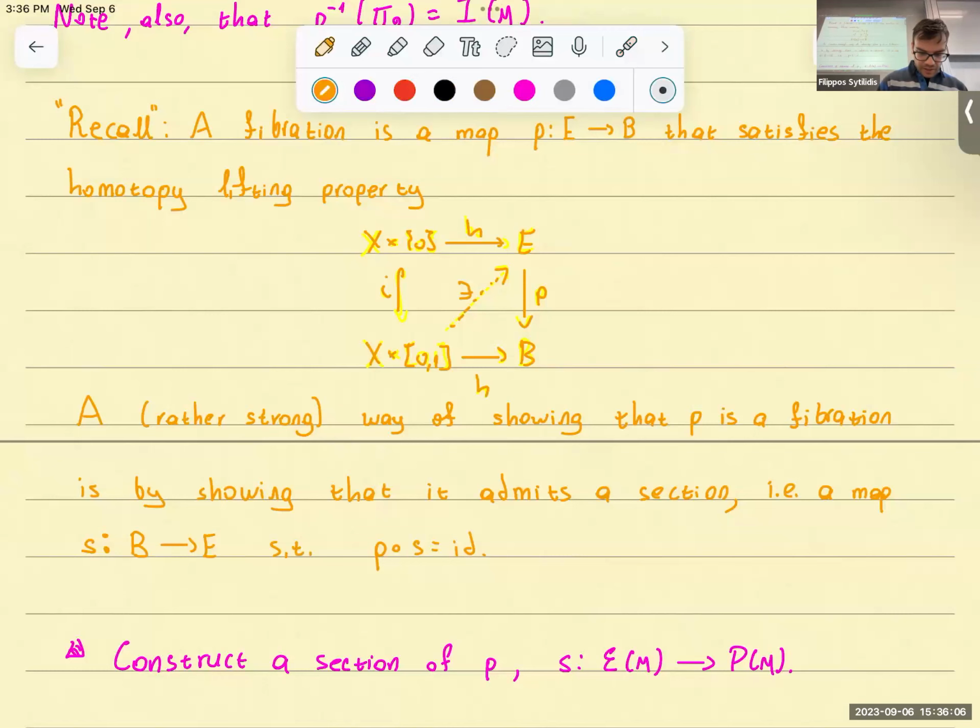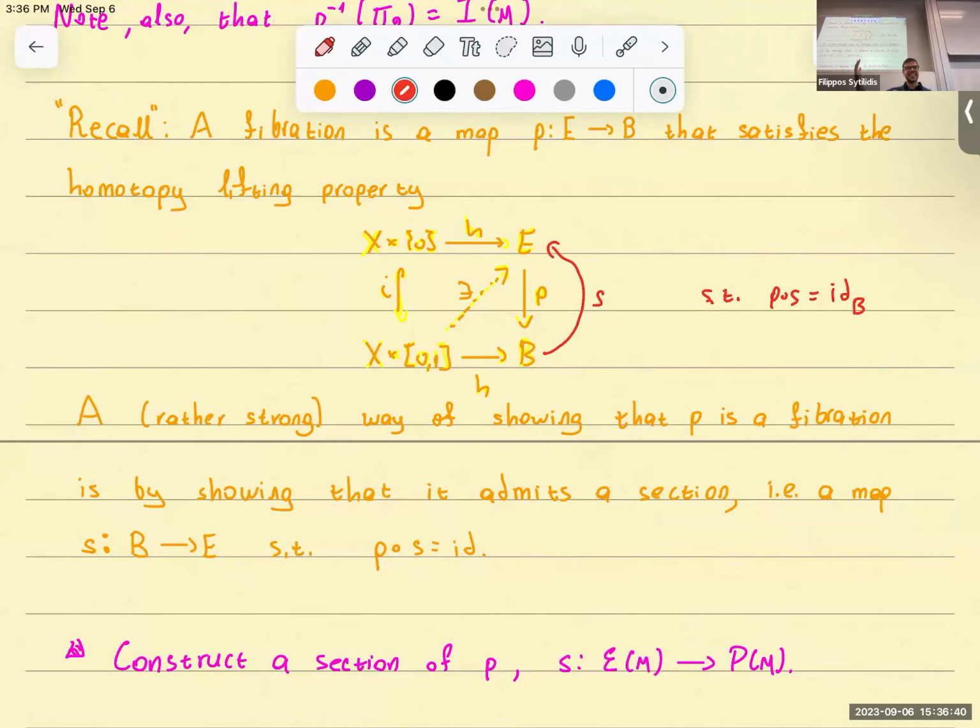And here is one very strong criterion for showing that a certain map is a fibration: if it admits a section. If I can write down a map S from B to E such that S composed with P is the identity, then I can lift everything.